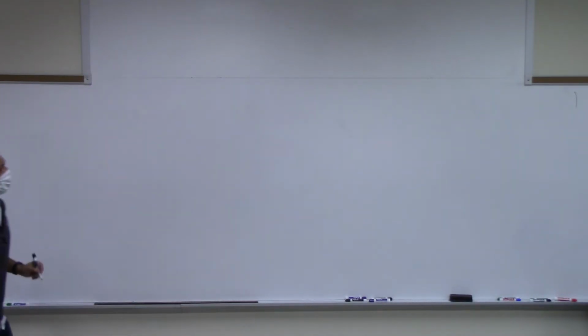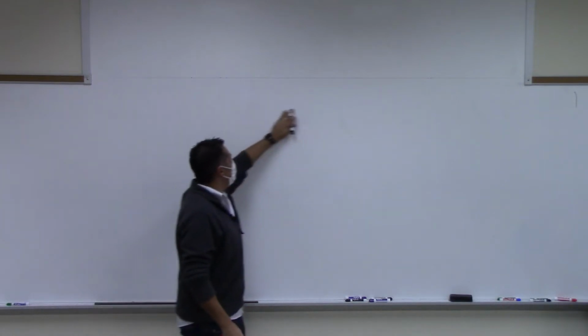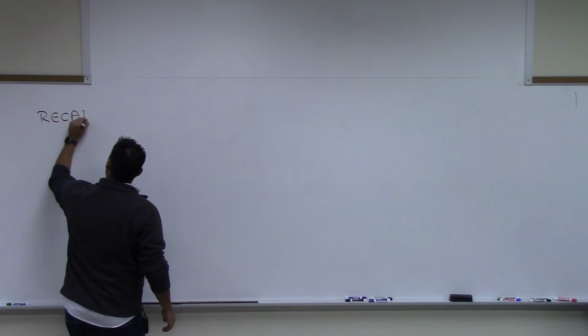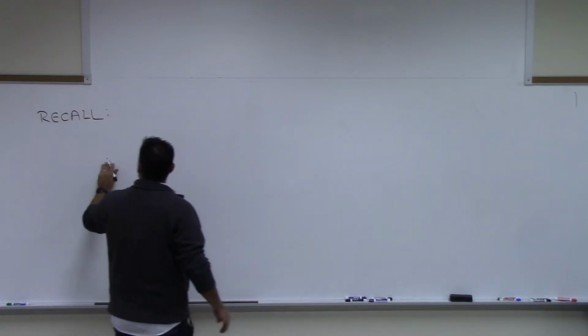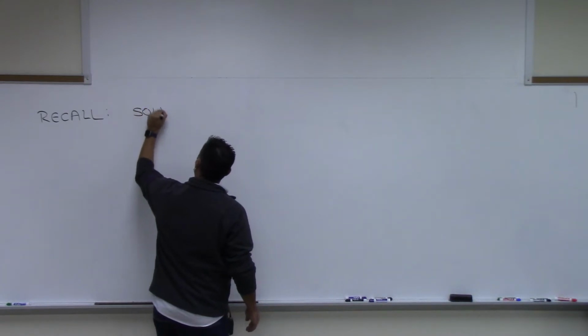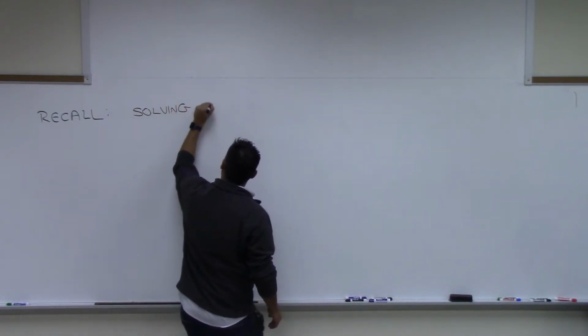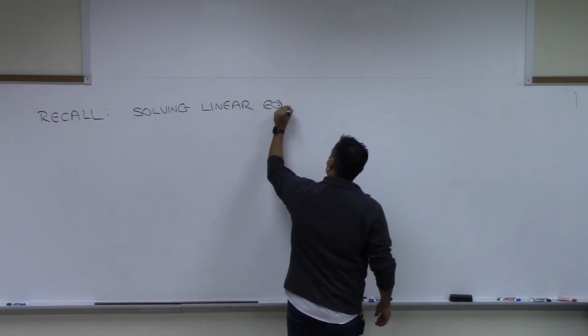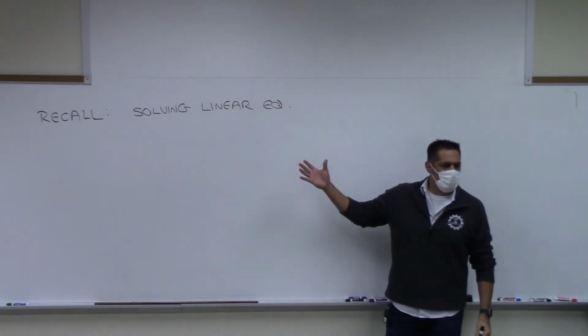Okay, so we've already studied, right? So I'm going to say here, recall from what we did in the last couple of days. We've been solving linear equations, right? That's what we've been doing. And when we looked at a linear equation, here's what it looked like.